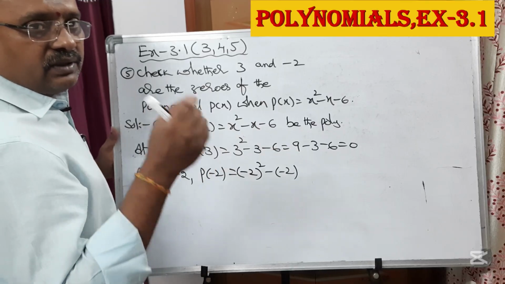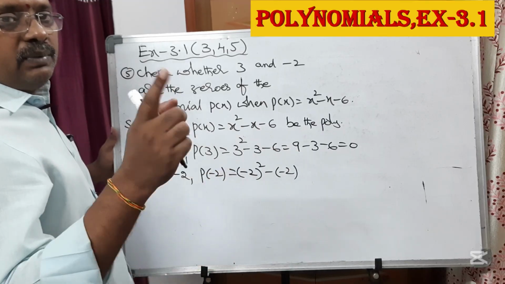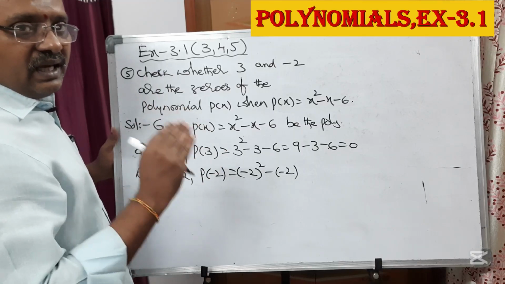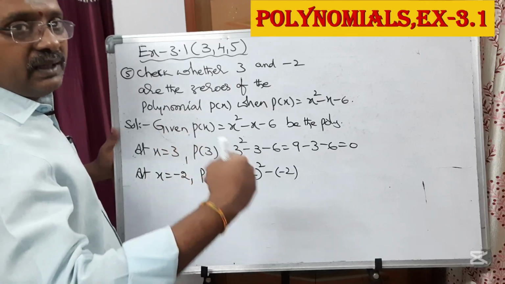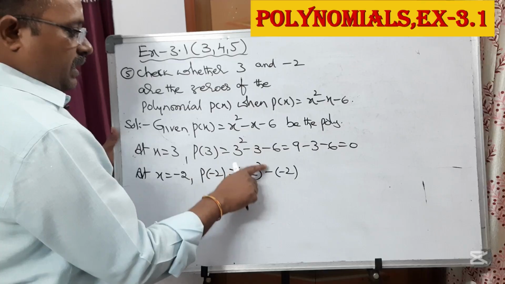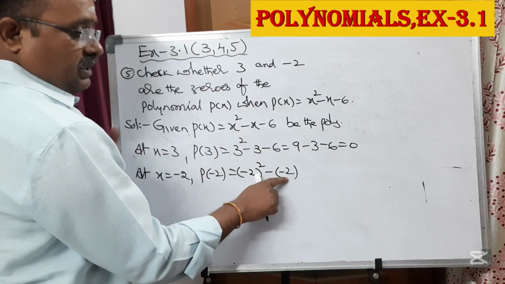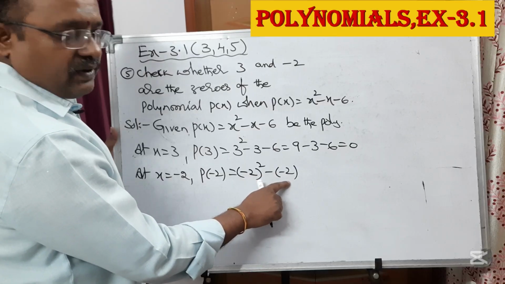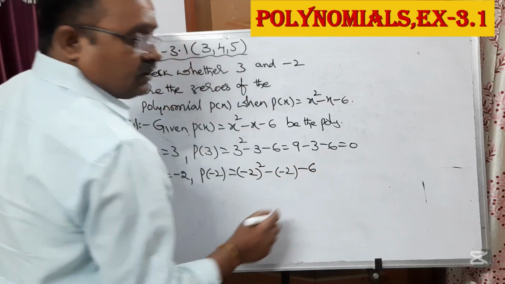When negative values are coming in the calculation, be careful. It is a speed breaker. If you did not take care about them, automatically marks will be negative. Okay, right. So, minus 2 whole square minus x value minus 2, that is why write it in brackets. This minus is different, this minus is different, minus 6. Okay, na?